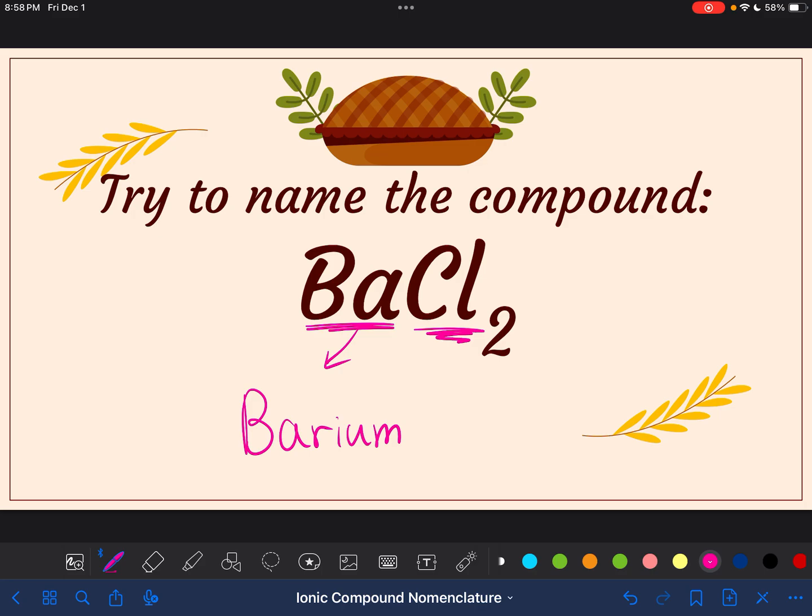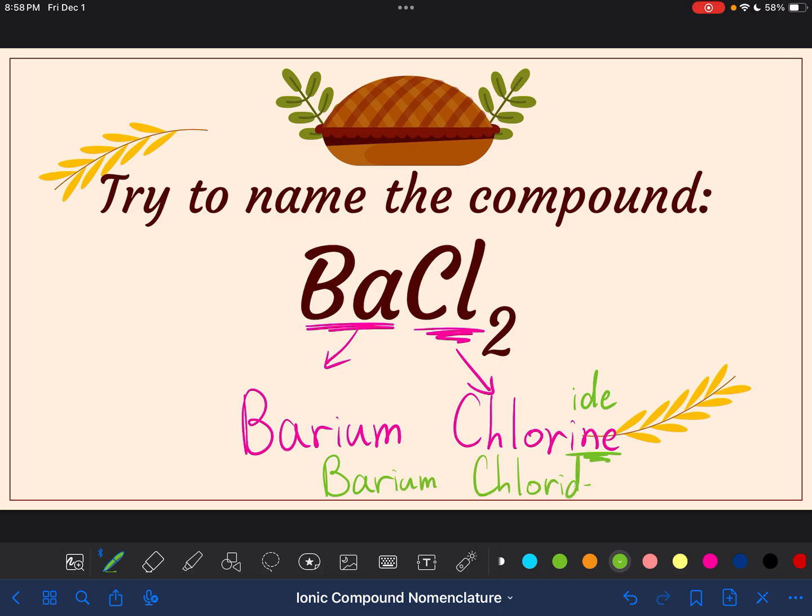Cl, on the other hand, is chlorine. But remember, we have to take that INE and replace it with IDE. So our final answer is barium chloride. There you go.